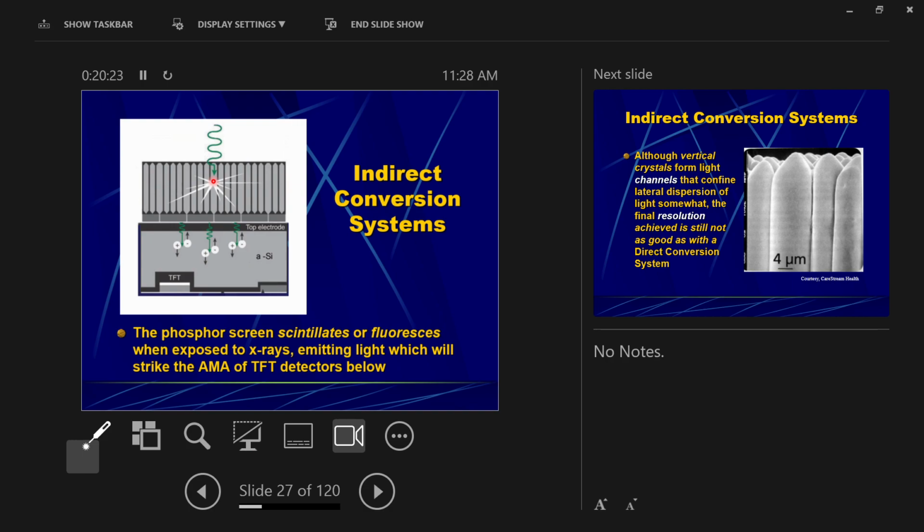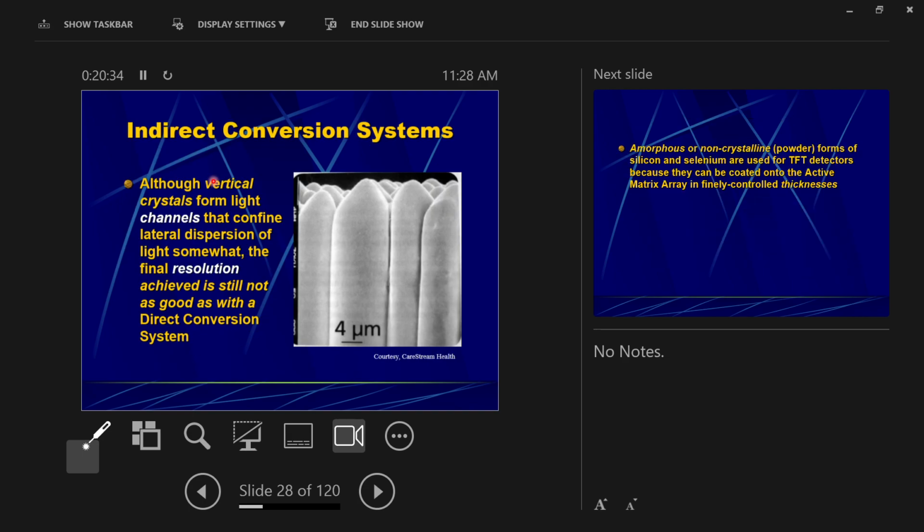Ours is an indirect conversion system. Ours takes X-rays, converts to visible light, exposes the detector cells. Now, this is all microscopic. This little bar here is 4 micrometers across. Okay, so 4 millionths of a meter across. It's 4 thousandths of a millimeter across. It's teeny tiny, okay?